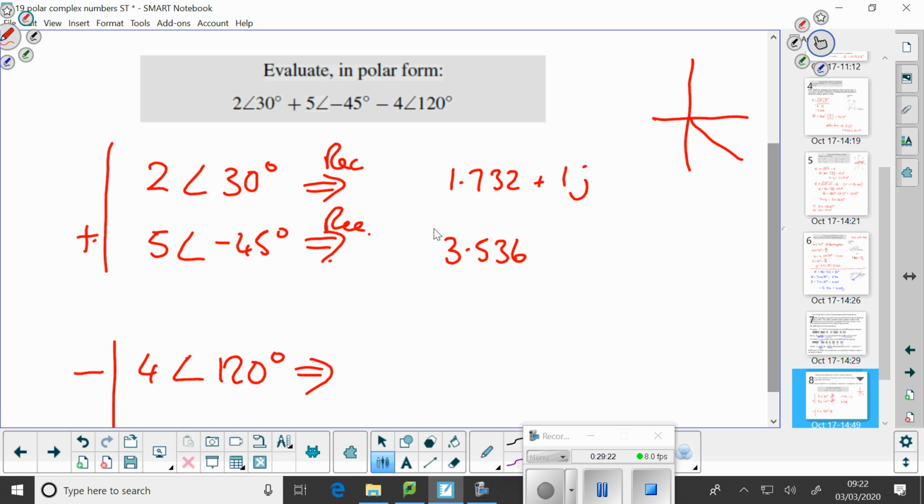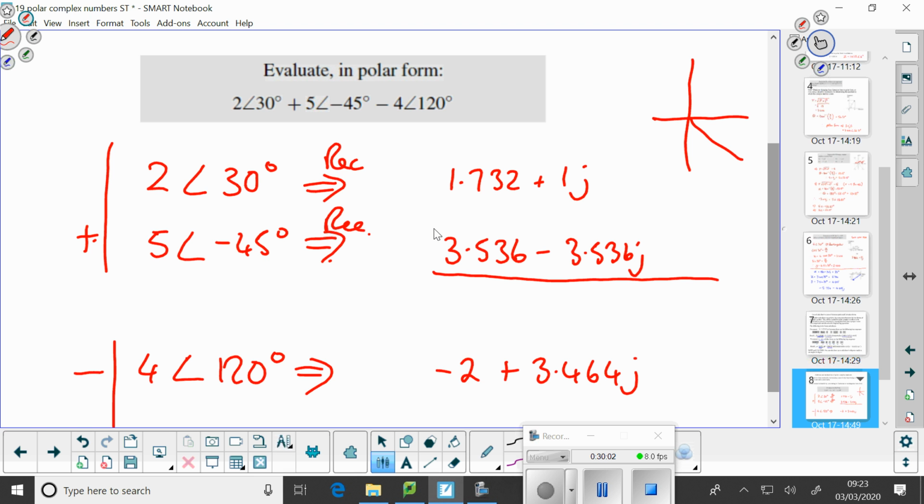Yeah, the y is minus. Right. And the 4 angle 120. Yep.